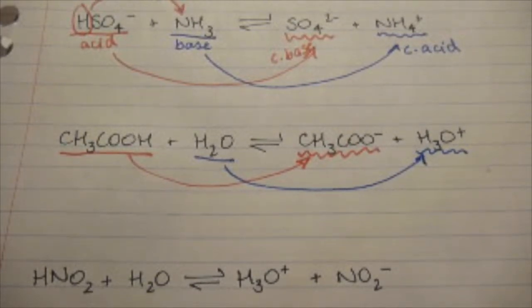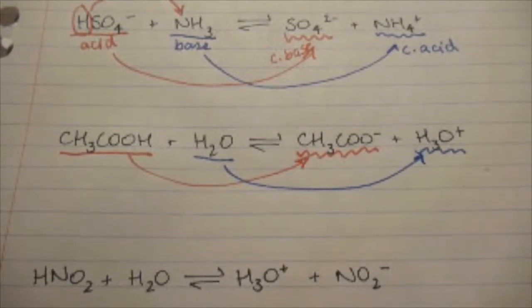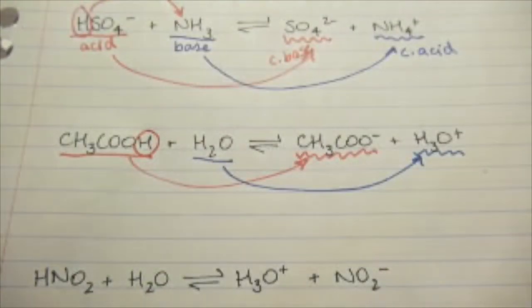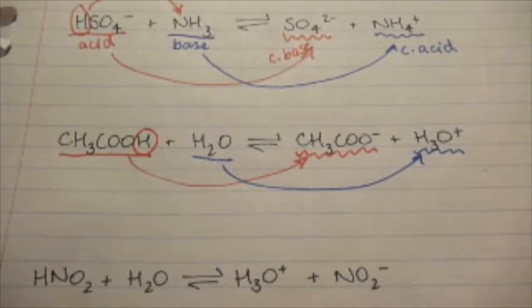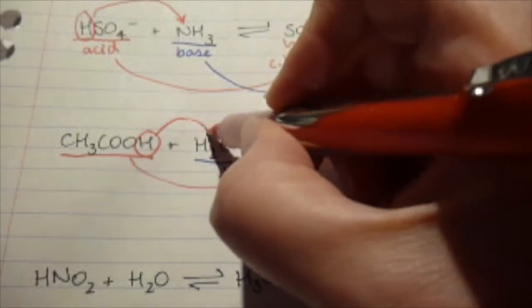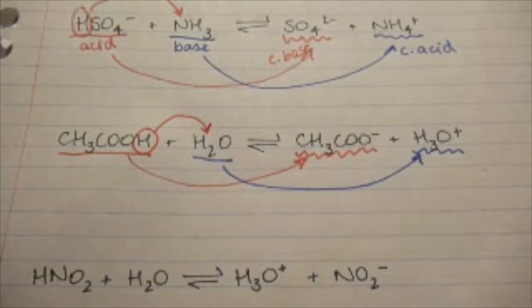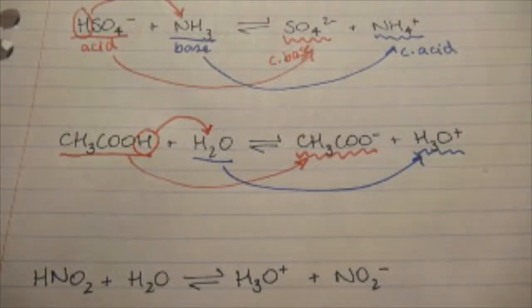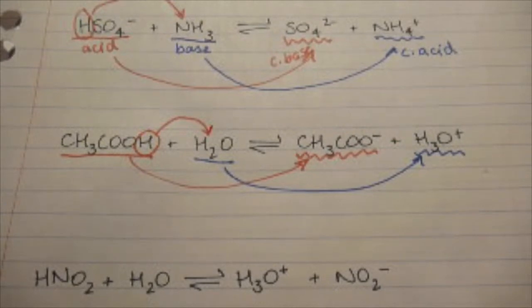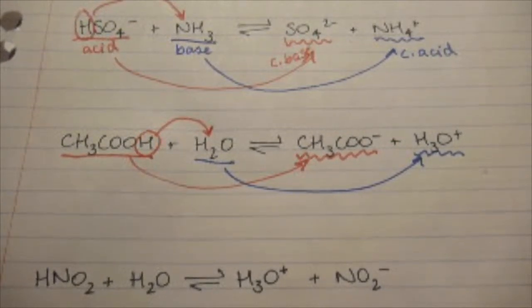So what's happening in this reaction? Where is the hydrogen ion going? If we have a look back at our reactants, we can see that this hydrogen ion from the ethanoic acid is being donated to the water molecule. So the proton is being donated from the ethanoic acid to the water molecule.